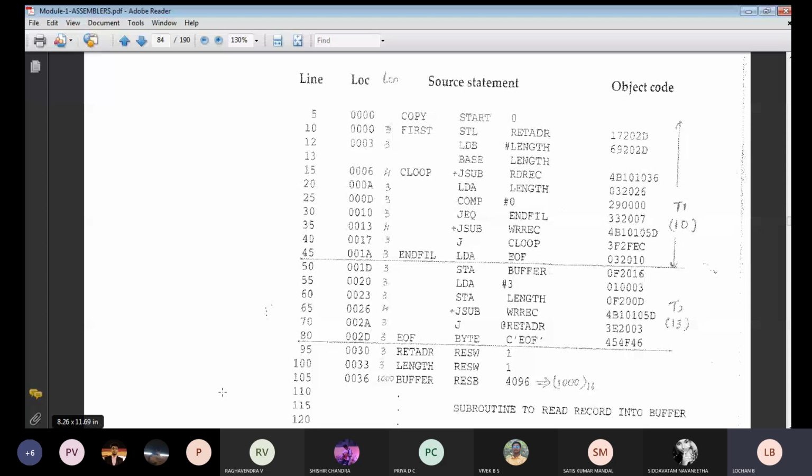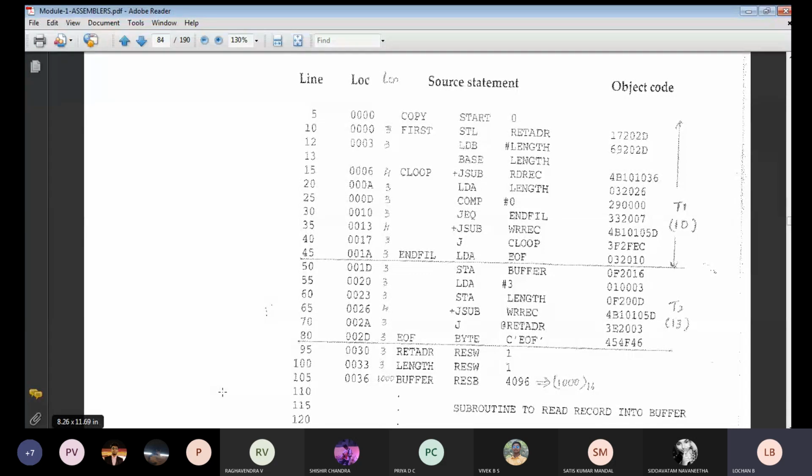Wherever you get the symbol plus, that indicates that it belongs to format 4. In all other cases it belongs to format 3. In the last class I discussed format 3, so today we will discuss format 4. We will calculate an object code for line number 15.